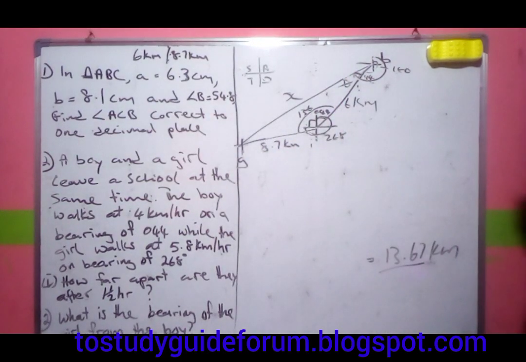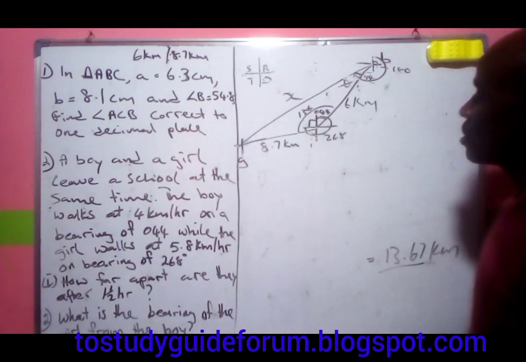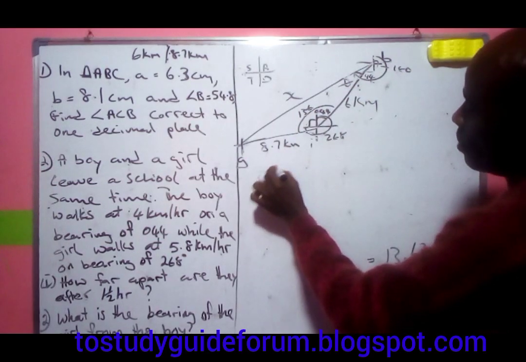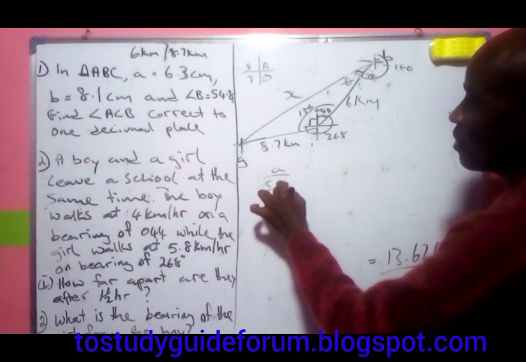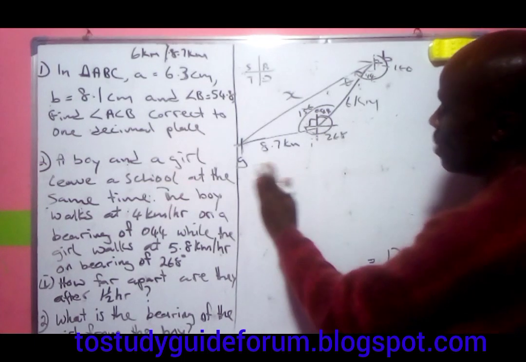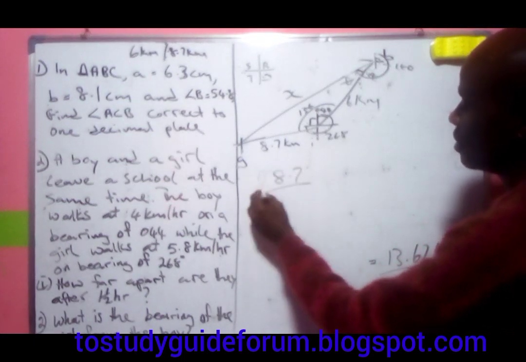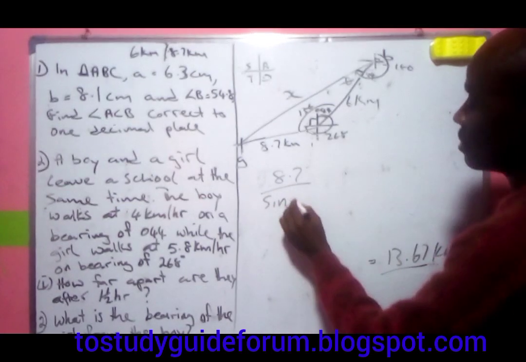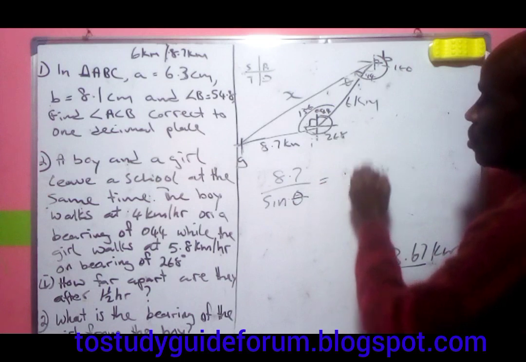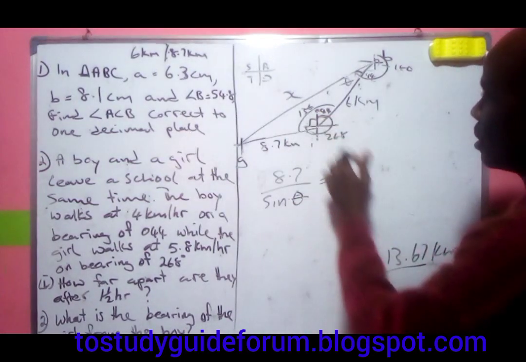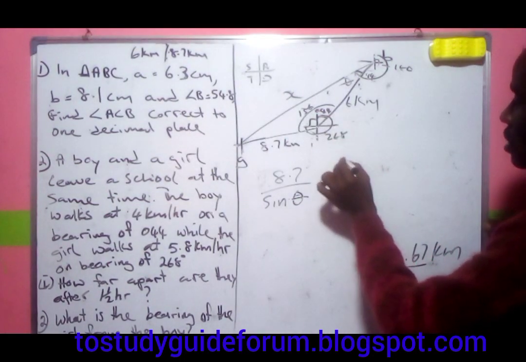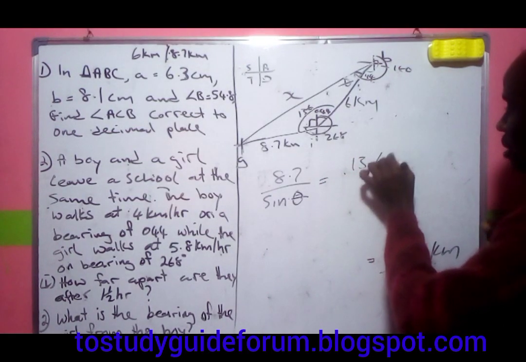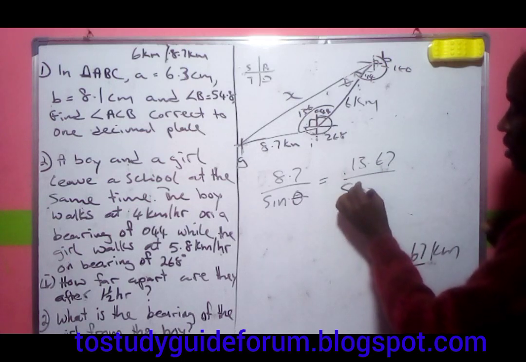So what we do here is to use the sine rule. According to the sine rule, I think I've done something like that before, so let's go over it fast. We have sine theta equal to what else are we going to use? Since we have the angle there and the side there, let's be a bit fast to get this done.